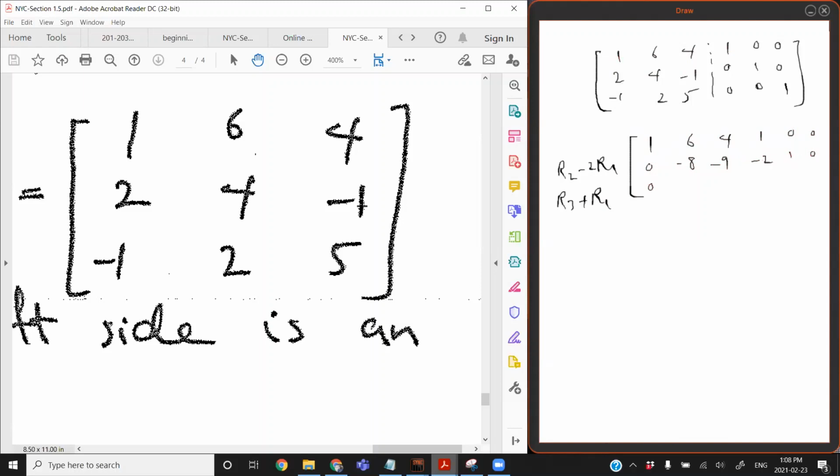This added to this, 0. This added to this, 8. This added to this, 9. This added to this, 1. This added to this, 0. And this added to this, 1. Make sense?